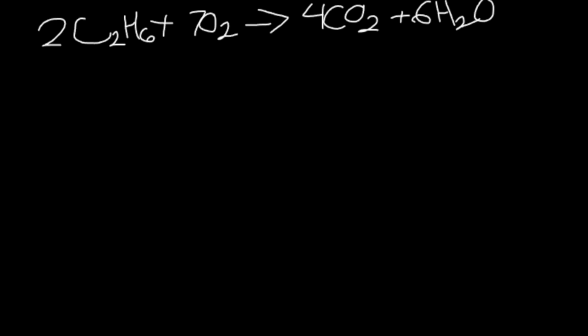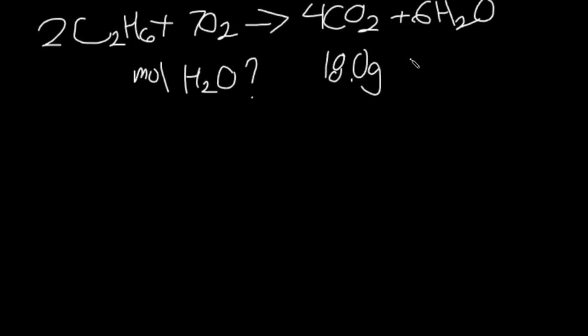Now, this is a bit more difficult but still simple, which is mole to mass or mass to mole. So let's say how many moles of H2O would be produced if we use 18.0 grams of C2H6.